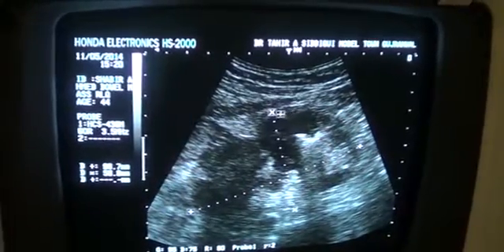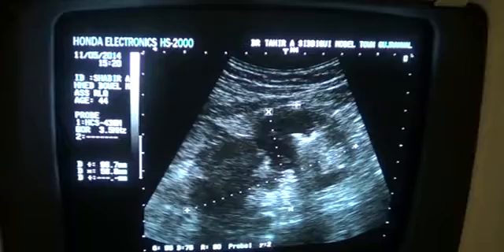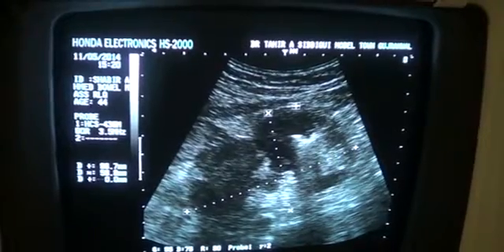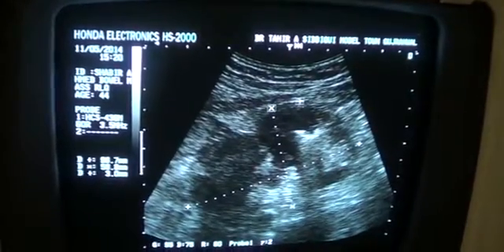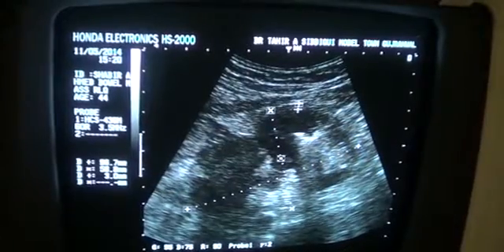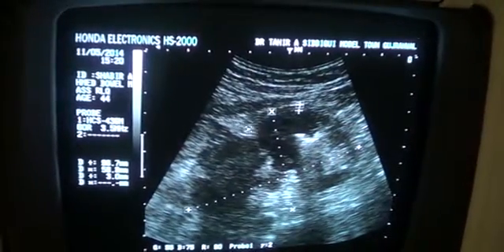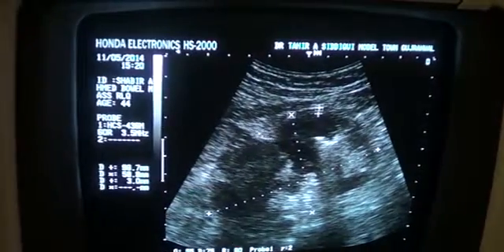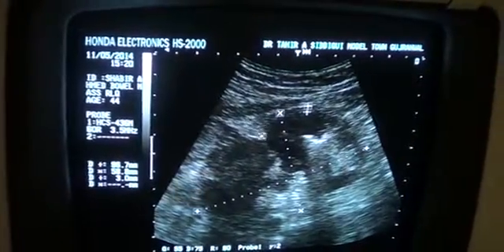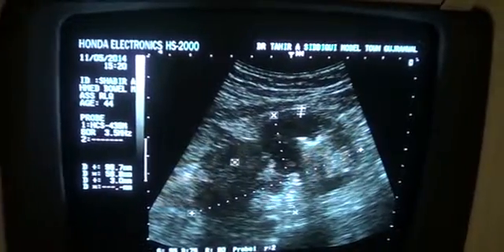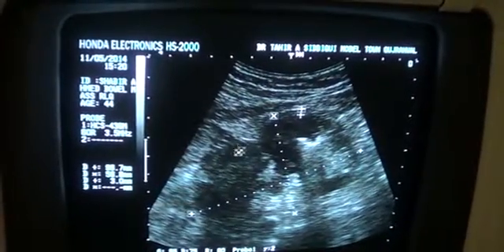Now so far as the wall of this mass is concerned, the wall is thin, measuring only 3 millimeters, and there are a few echogenic areas protruding within the fluid compartment of this bowel-related mass.